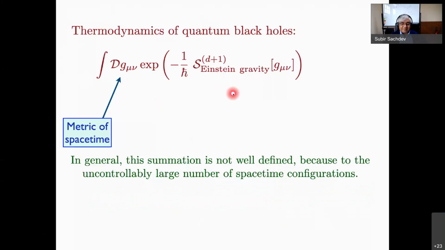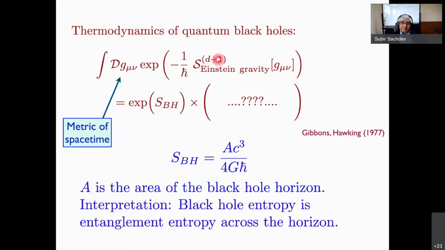Nevertheless, by a variety of arguments, Gibbons and Hawking said, we could still make sense of this, at least at the saddle point level. We look at the saddle point of Einstein gravity for a black hole and just evaluate the saddle point action.